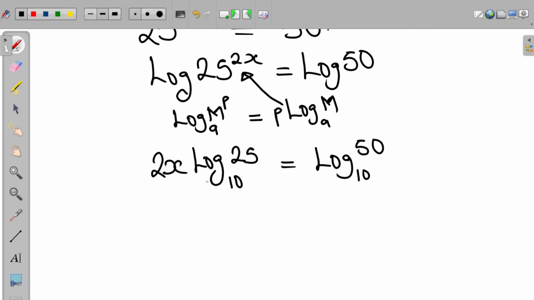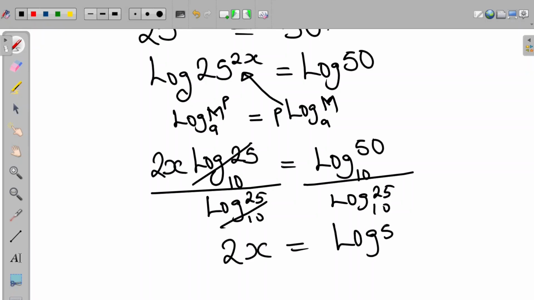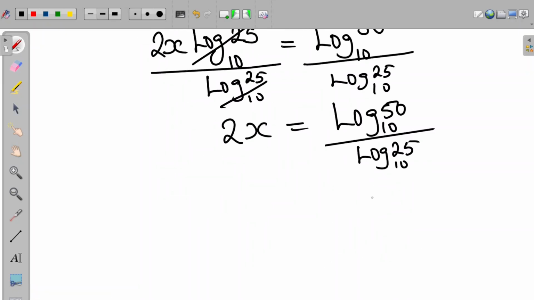If we divide both sides of the equation by log 25, log 25 cancels out on the left, so we have 2x equal to log 50 in base 10 divided by log 25 in base 10.